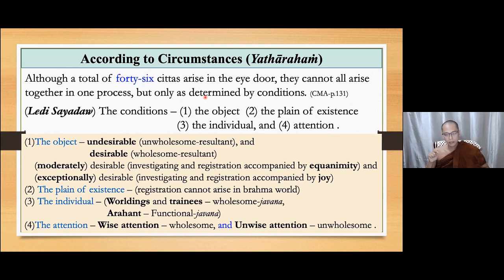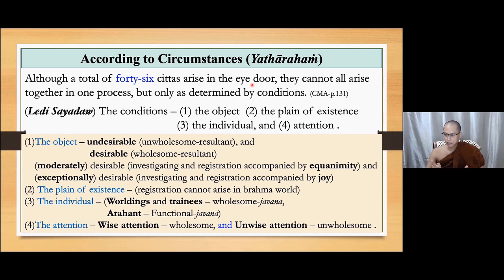Then one of the two sets of five-fold sense consciousness, the Dvipanja Vijnana, arises. So if we see, eye consciousness; if we hear, ear consciousness, etc. Then receiving consciousness arises, then investigating consciousness, after that determining.